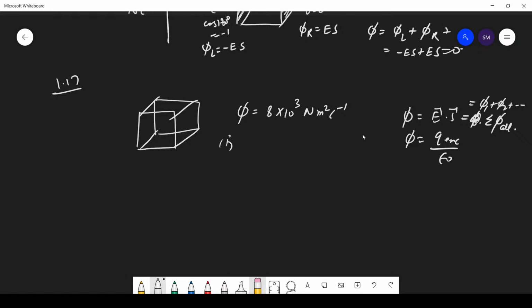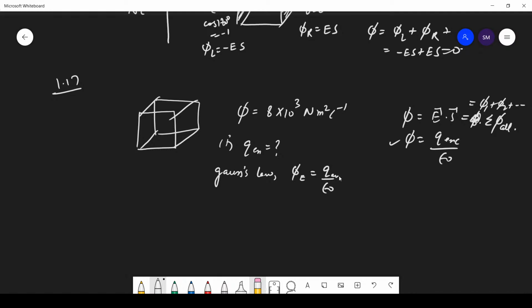In this case we need to find the net charge enclosed, so obviously we need to use Gauss law. According to Gauss law, the electric flux through the closed Gaussian surface is equals to Q by epsilon naught.